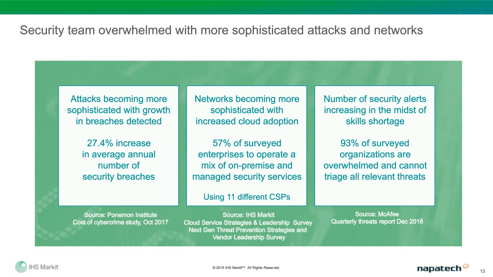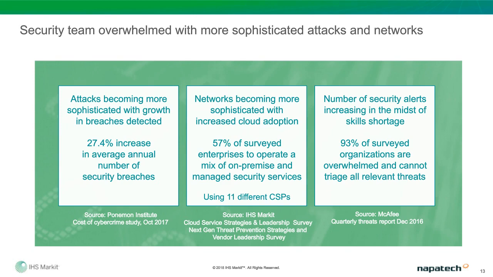And already in December 2016, 93% of the surveyed organizations felt that they were overwhelmed. So there is absolutely a case to be made that going forward, this is not going to get any better as we head into this cloud, mobile, IoT future. So security has to be top of mind when we're designing these solutions.